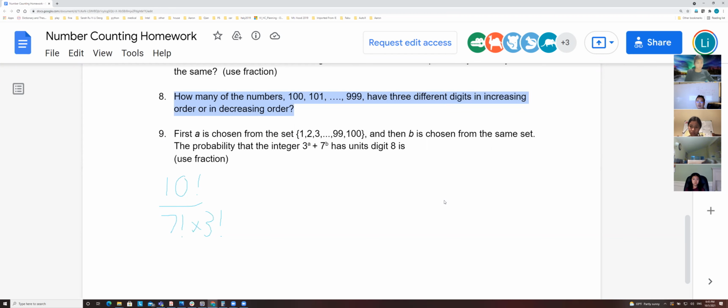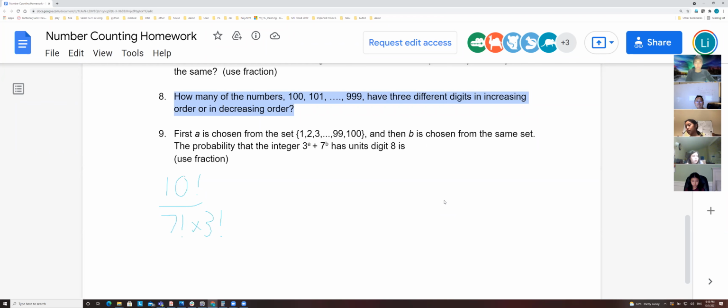Okay. And why do you divide by 3 times 7 factorial? So how do you do the denominator part? Oh, this part I divide by 7 factorial because, wait, let me think. I'm not sure, but I did 3 factorial because that's how many spots there are.